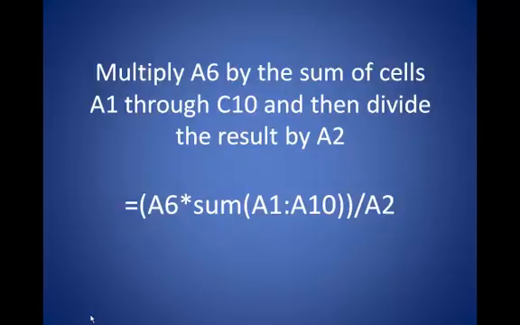So the first thing we need to do is we have our equal sign, and then we have parentheses A6 multiplied by the sum of A1 through A10. So the first thing we have to take care of is what's in that big group of parentheses, A6 by the sum of A1 through A10. So the first thing that has to happen, though, is we have to find the sum of A1 through A10, then multiply it by A6, then divide it by A2, and we'll have our answer.